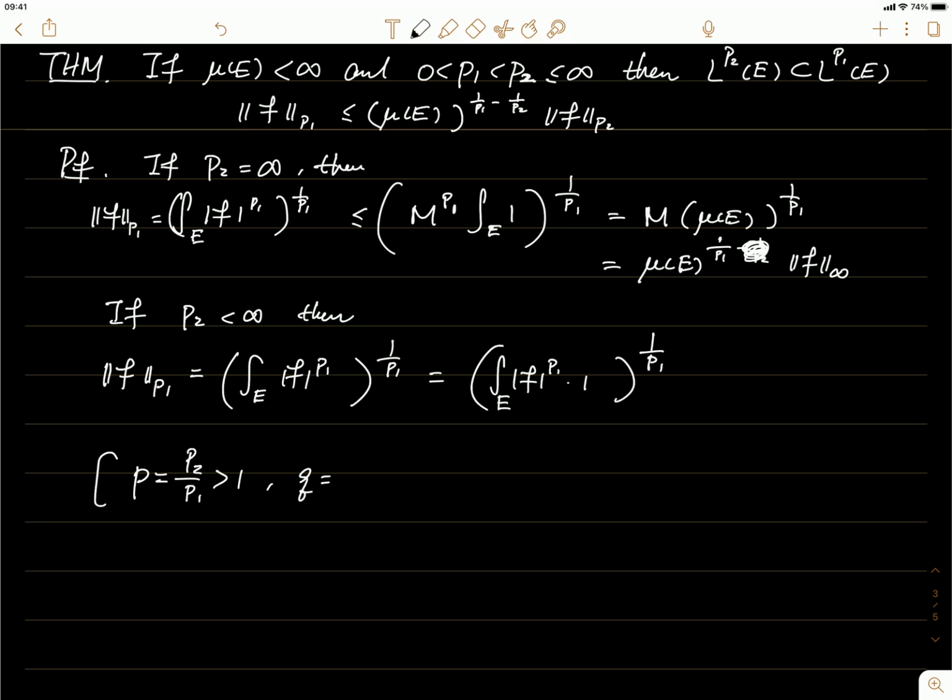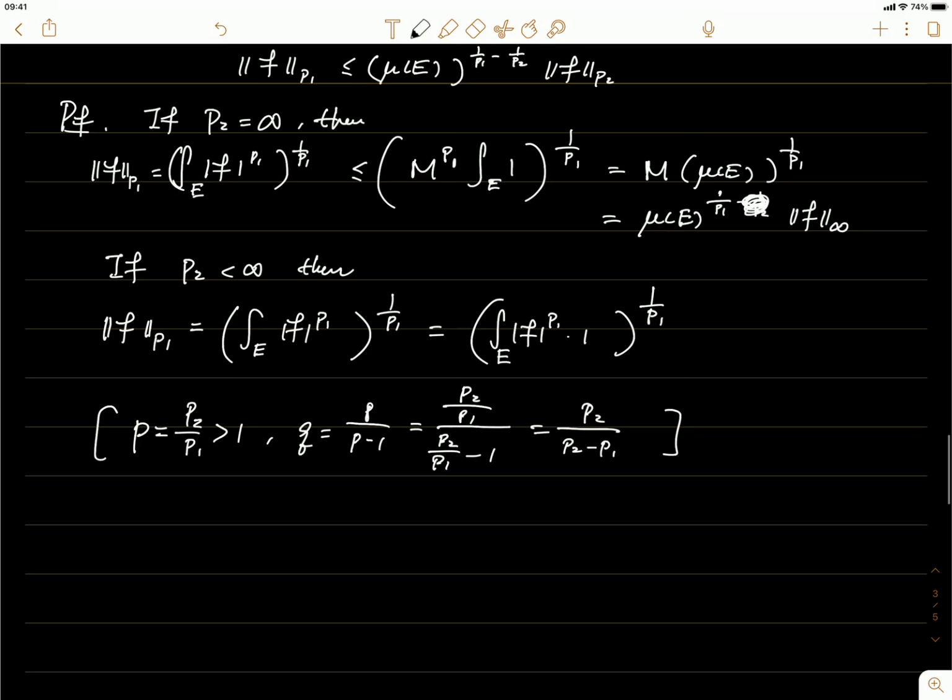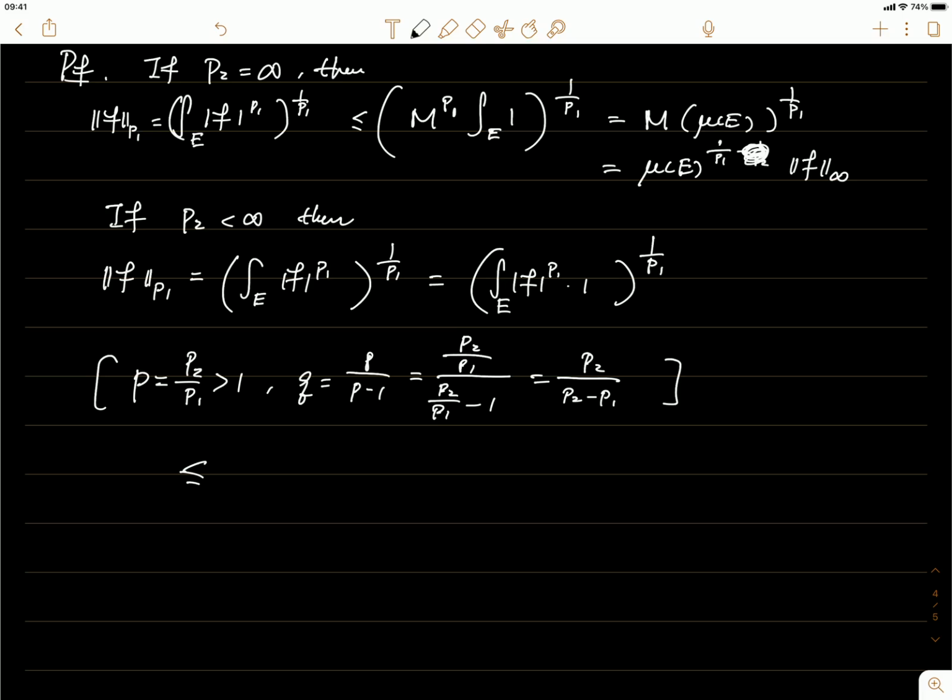And then Q will be the conjugate of P, which is, as we said, P over P minus 1. Let me just write them down. So let's set P to be P2 over P1, which is bigger than 1. Q is the conjugate of P, so that will be P over P minus 1, which is P2 over P1 over P2 over P1 minus 1. You can easily show that, canceling out the denominators, it's just P2 over P2 minus P1. Okay, and then we'll continue the derivation there. It will be less than or equal to the F P1.